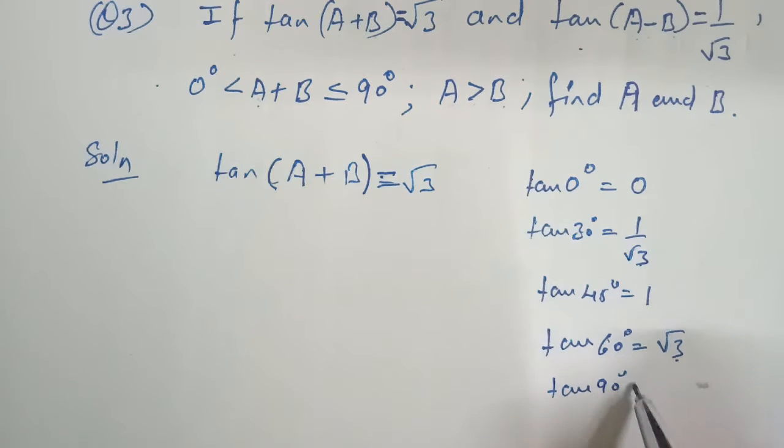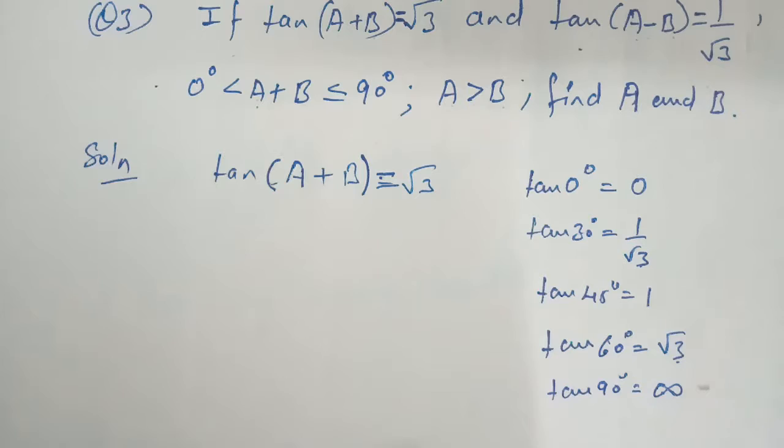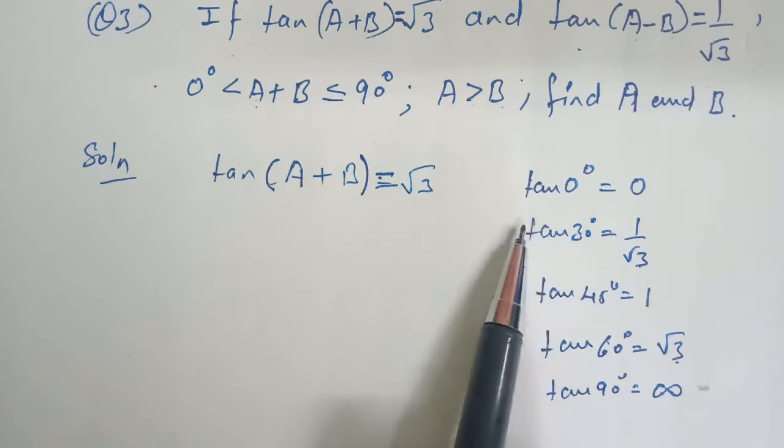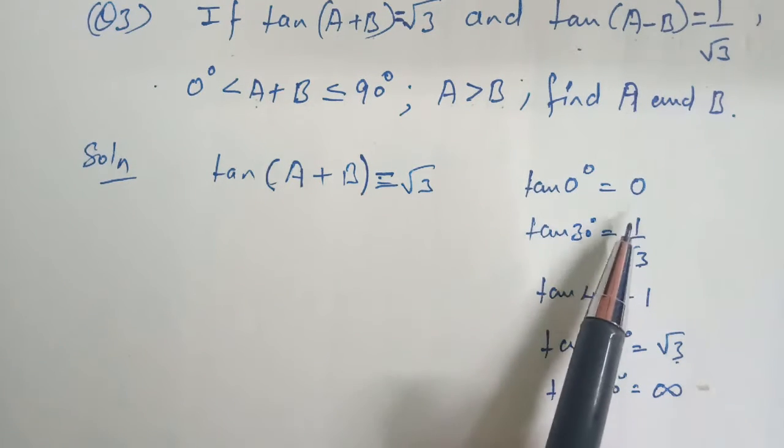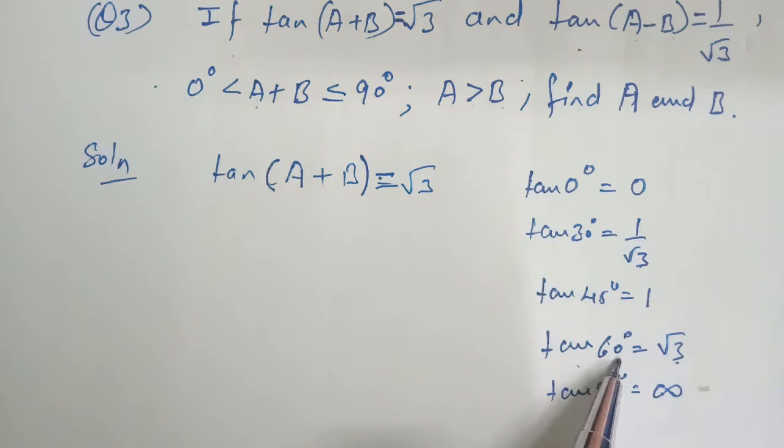Tan 90 degree is not defined. Now we have to see where the value of tan is root 3. So we observe tan 60 degree is equal to root 3.